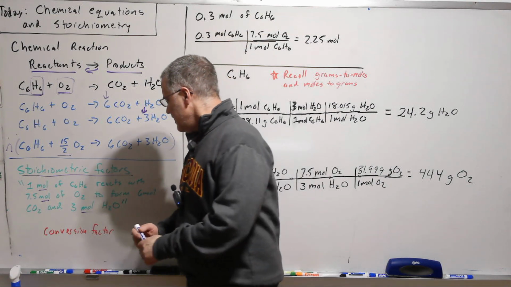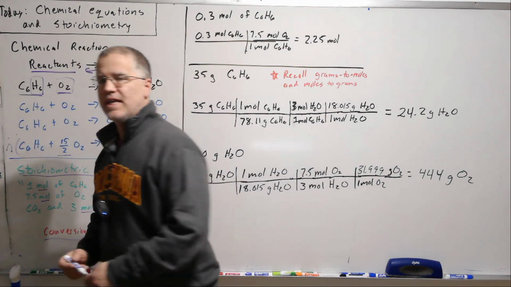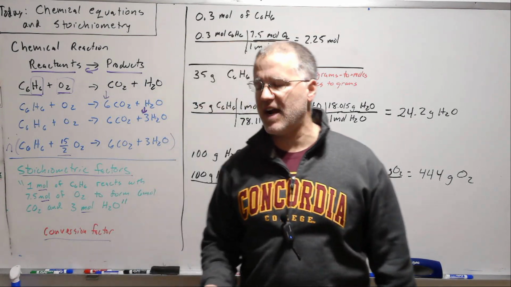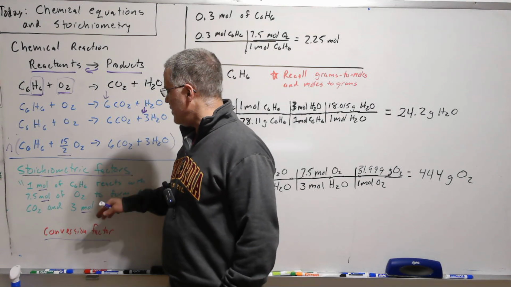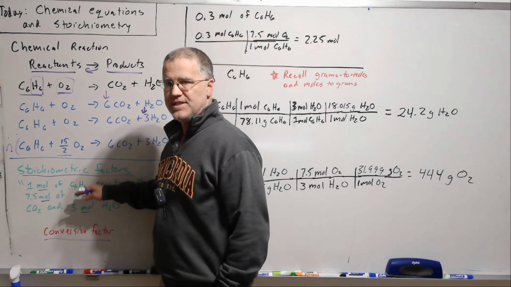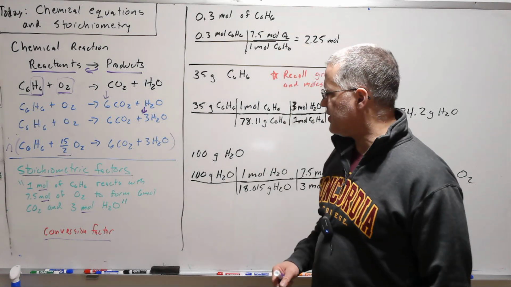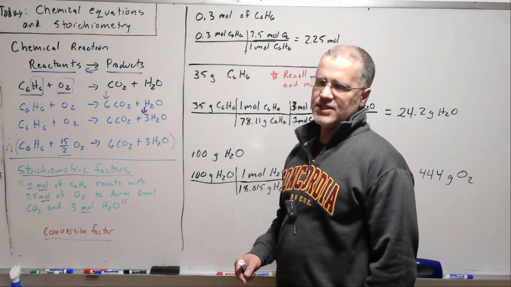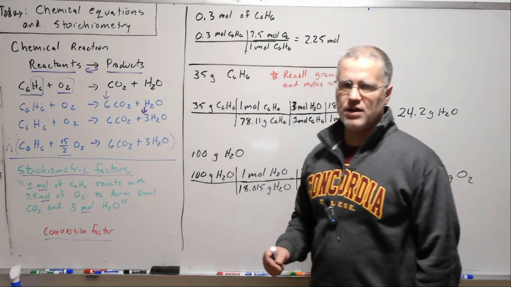And then finally, for mathematical convenience, you can view the chemical reaction simply as a conversion factor. It says, for this reaction, 1 mole of benzene equals 7.5 moles of oxygen and 6 moles of carbon dioxide and 3 moles of water.